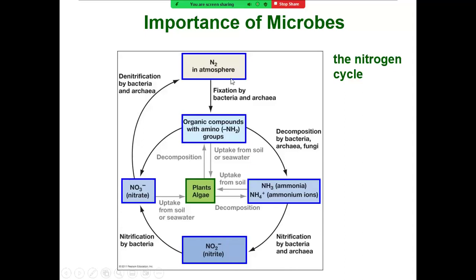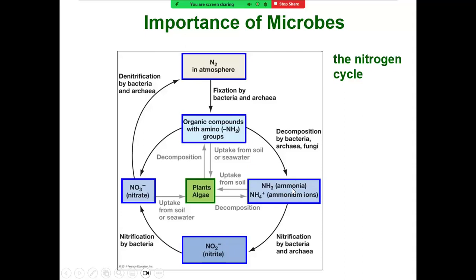It can be fixed by bacteria and archaea into an organic compound within the bacteria, the archaea. When that organism dies, some of those organic compounds are converted into nitrate. Some of them can be used directly as an organic compound by plants and algae, but most of those organic compounds will be decomposed by bacteria and archaea and fungi into ammonia and ammonium ions, and that'll happen just in the soil.